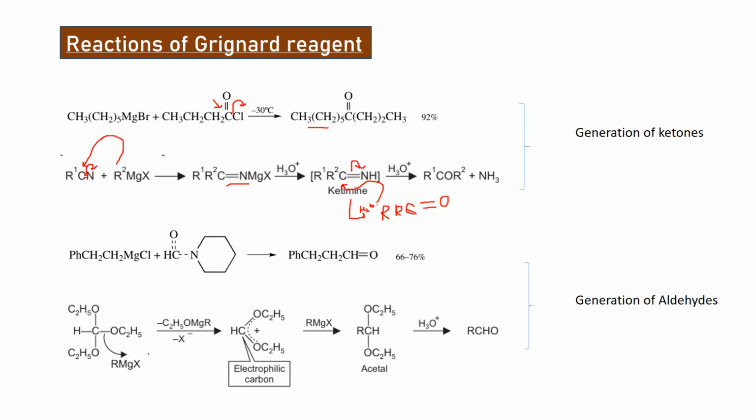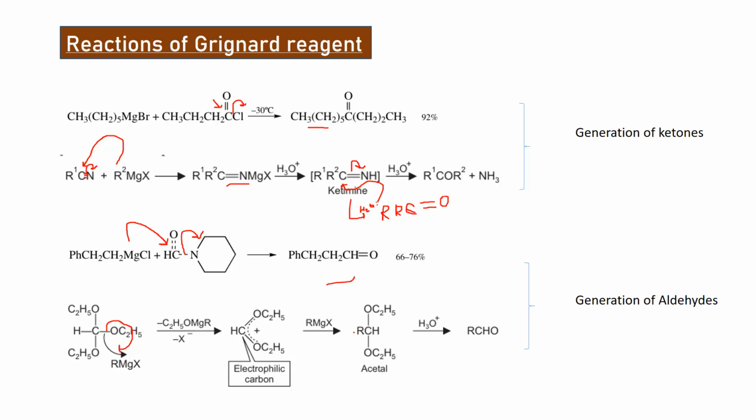In this way you can also prepare an aldehyde. If you add this Grignard to this type of species where the amide can be used as a leaving group, this can generate an aldehyde. Similarly, if you add it to this type of ether complex, it will eliminate one of the ether groups, generating a positive charge.